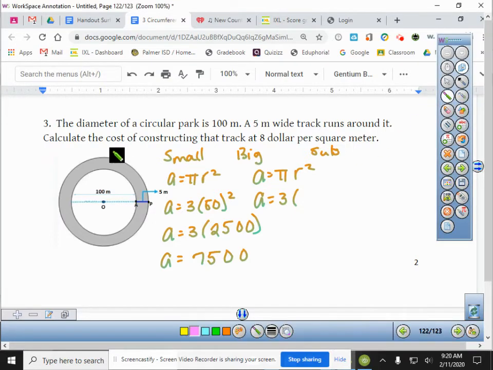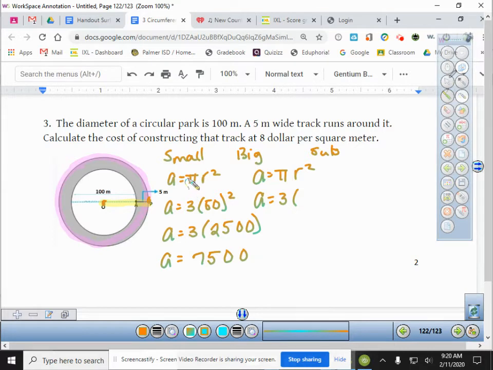You just told me from here to here was 50, and from here to here was 5. So the radius is 55.